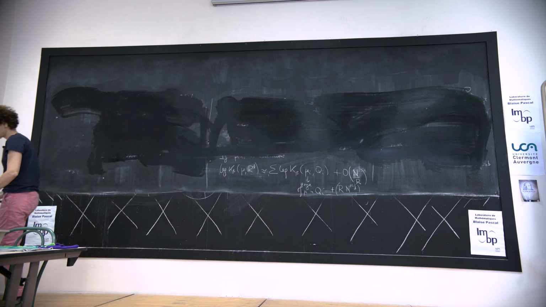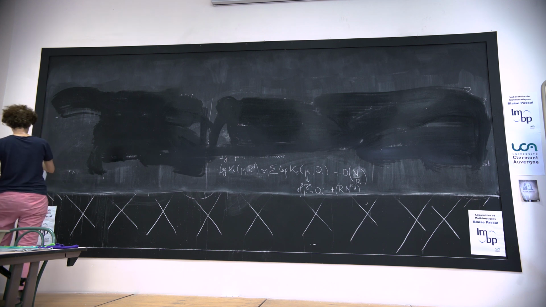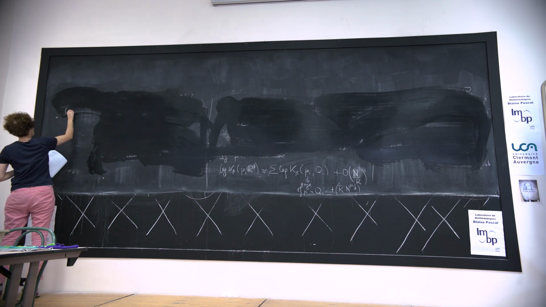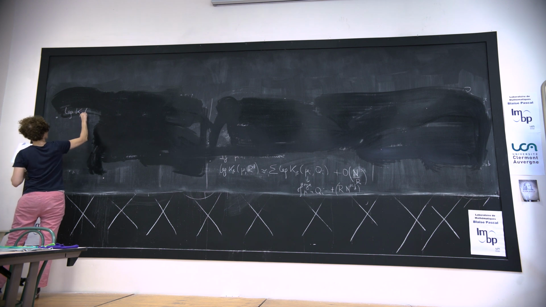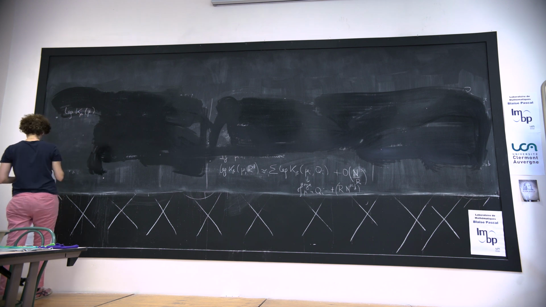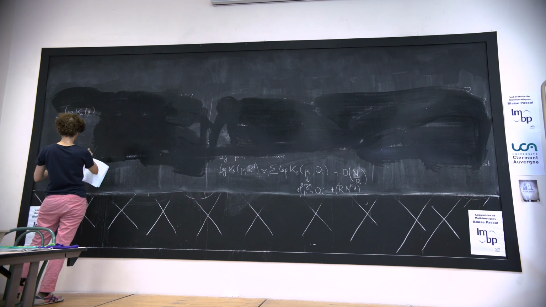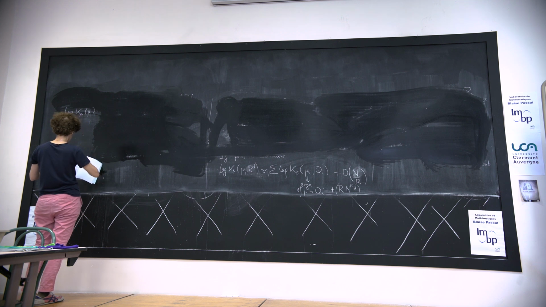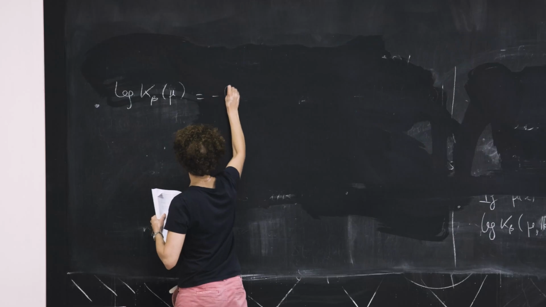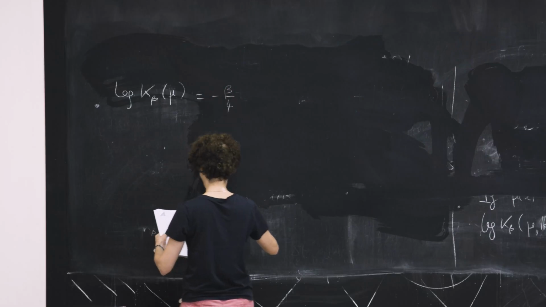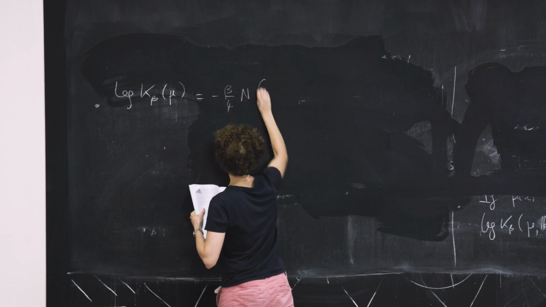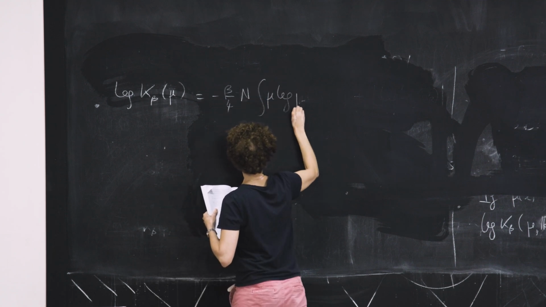Okay, so the final formula is this. Log K_beta of mu in the whole space is equal to minus beta over 4 times the integral of mu log mu.